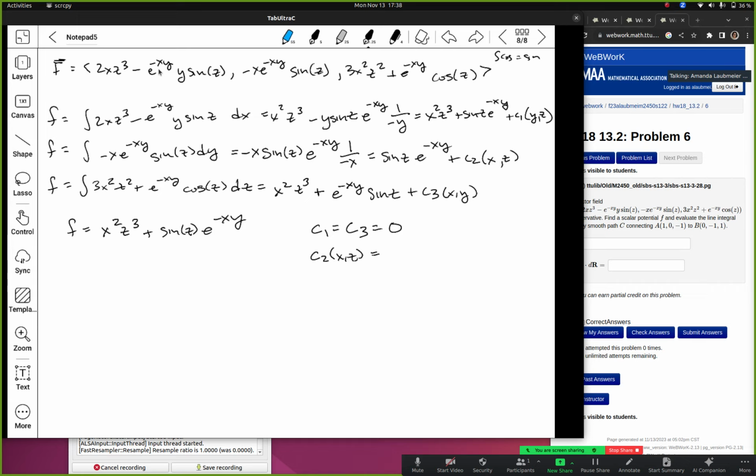So it's going to be that x squared z cubed. That has only x's and z's in it, and so when we take the j hat component, the derivative with respect to y, and integrate with respect to y, we can't recover that x squared z cubed. So that's why this middle one didn't look exactly like f, while the other two did look exactly like f.